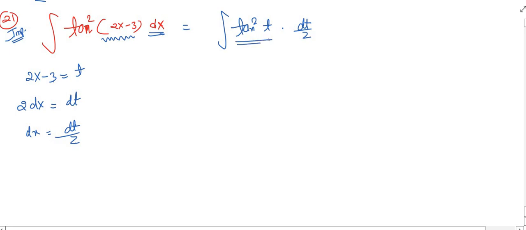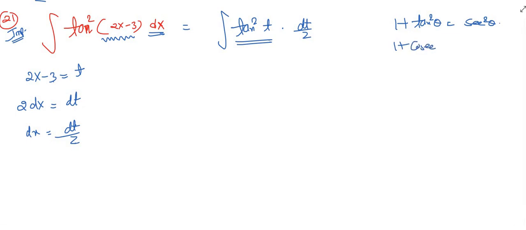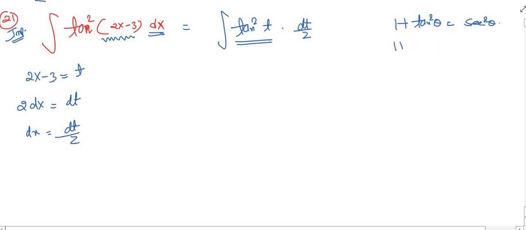we have no formula for integration of tan square t. Write down two very important formulas. 1 plus tan square theta is sec square theta. 1 plus cot square theta is cosec square theta.